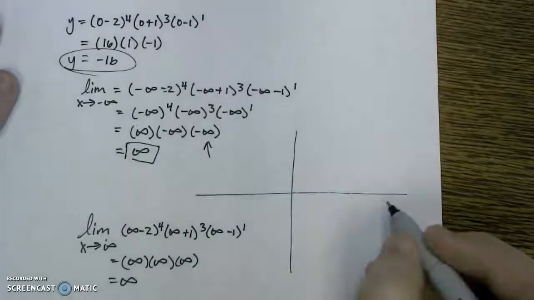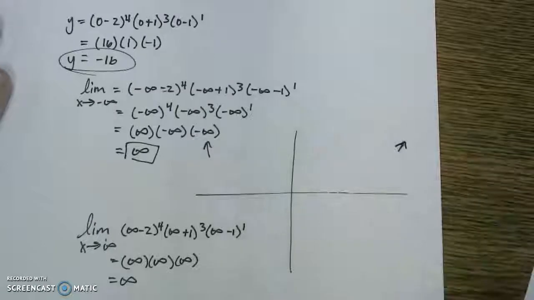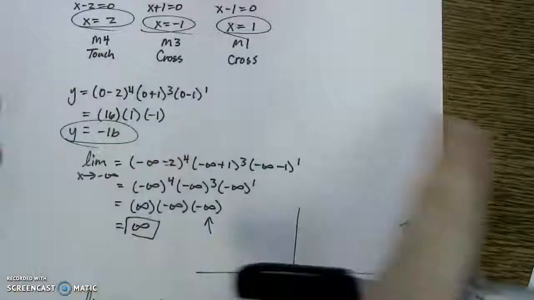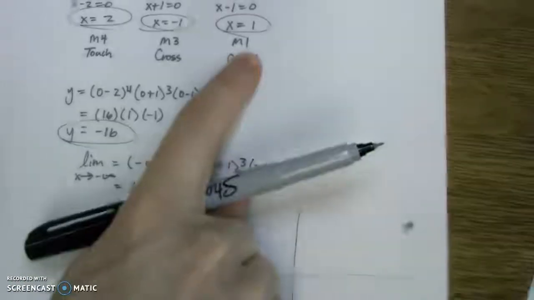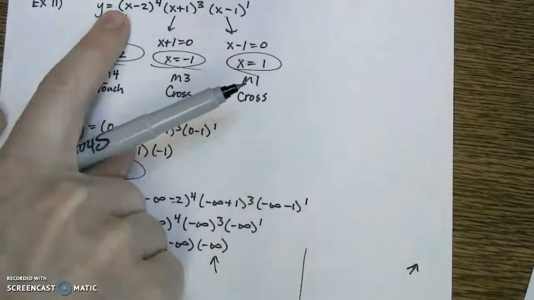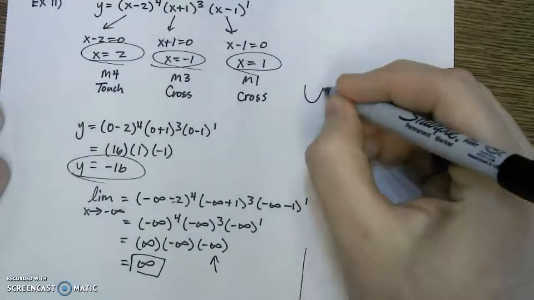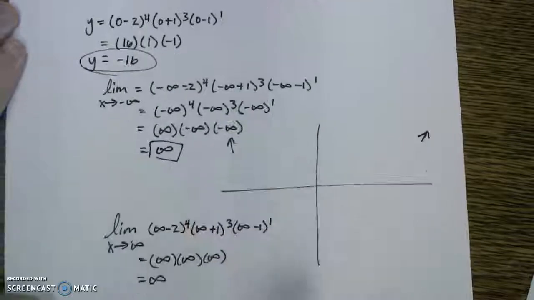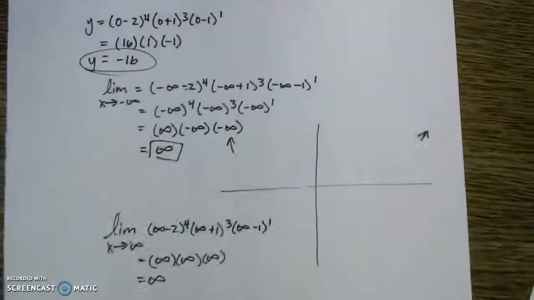So that means on the far right, it goes up. Now in pre-cal, what we did was we added up all the multiplicities and got 8. And so since it was a positive and the leading coefficient is positive, we knew it was going to look like a parabola and go up on each side. But now we can use calculus to prove why it's going up, up.